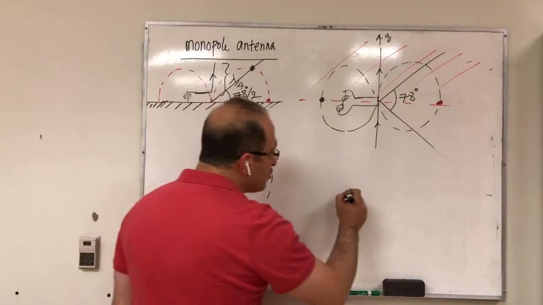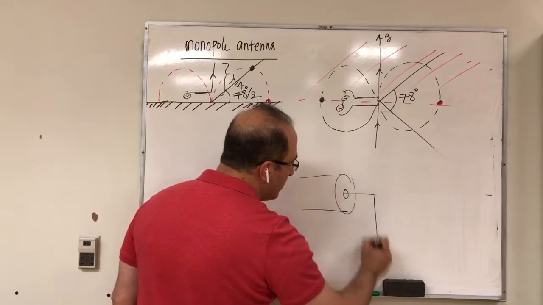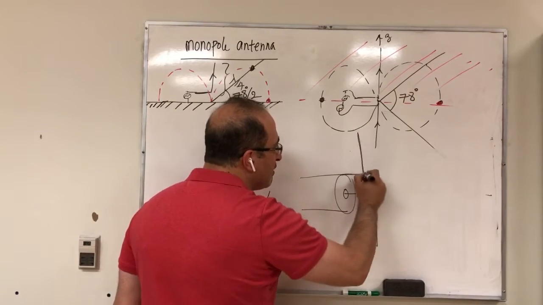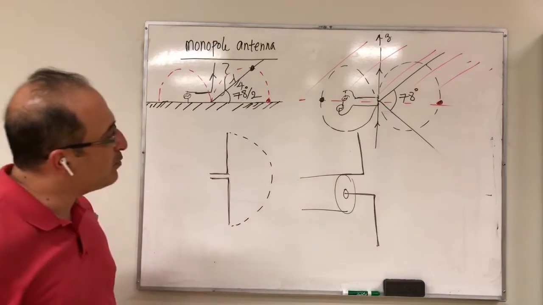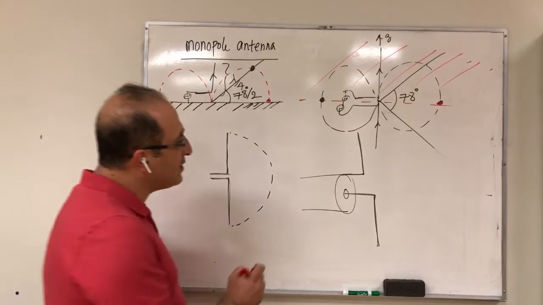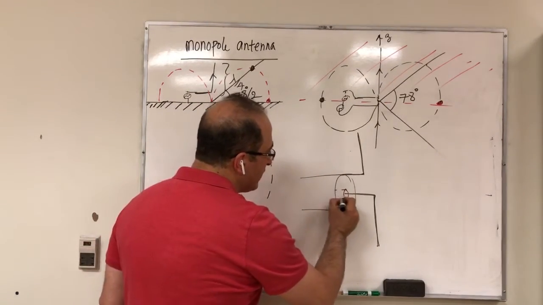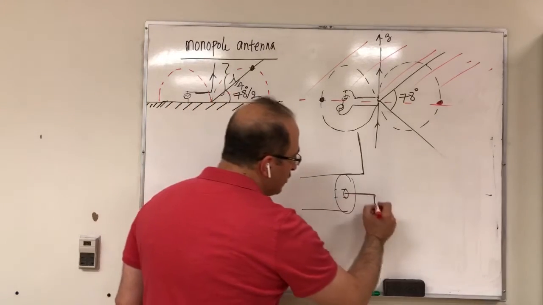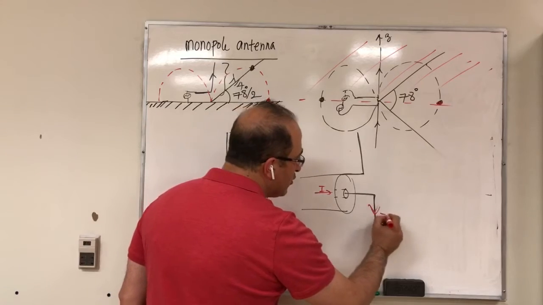If you use coaxial cable, then you're going to solder another arm here, and you have another point here. Now imagine that this current, which is on the inner conductor, you give it to this. So this is the current on the inner conductor, I, that goes here.